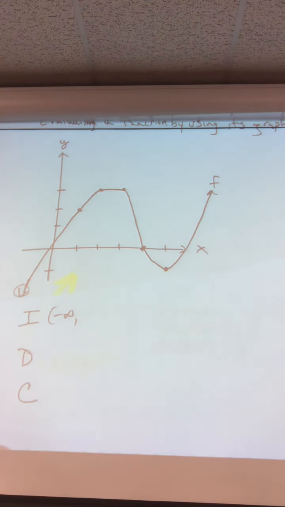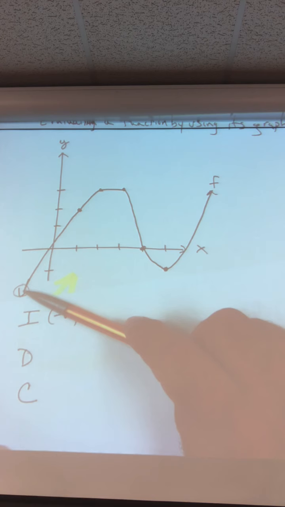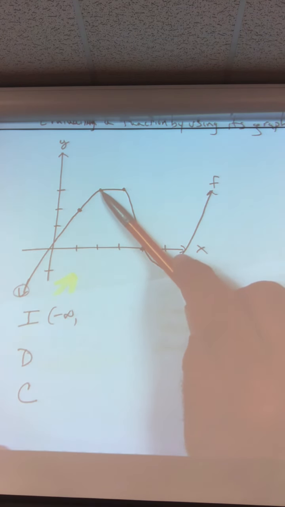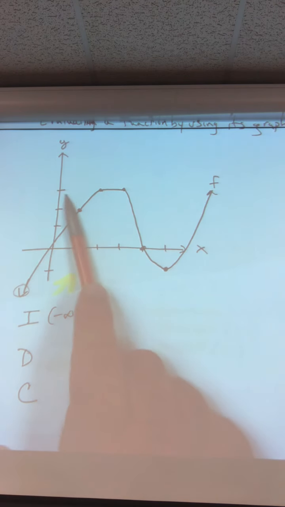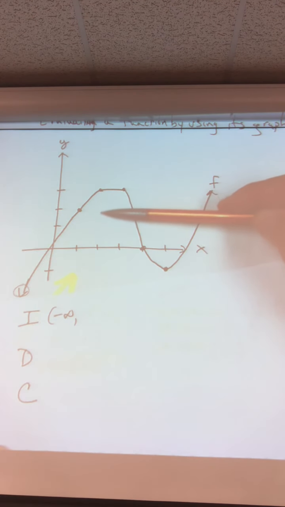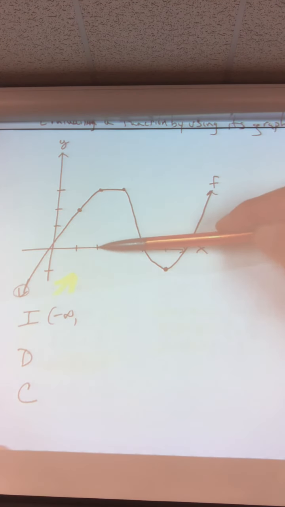Now, trace the graph until you quit going up. Stop. Now, I do not want to know how high you go. I go up to 3. That's not what I want to know. I want to know where I quit going up. That's right here at 2.